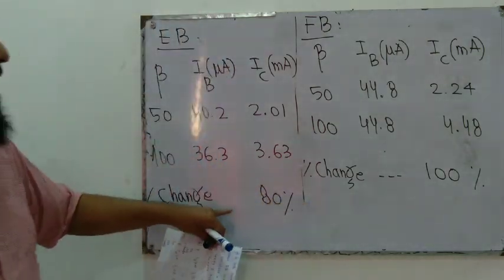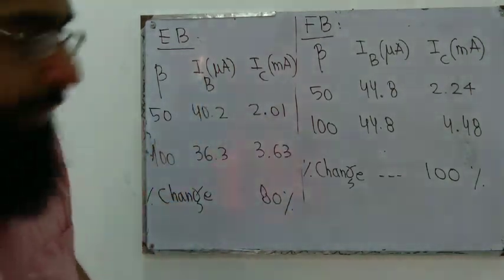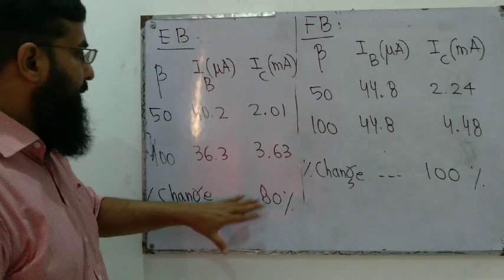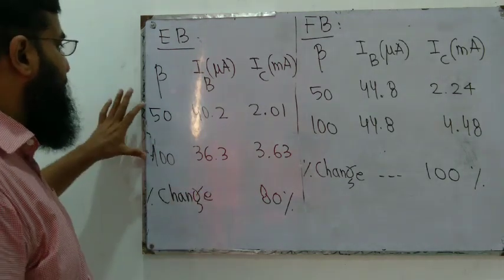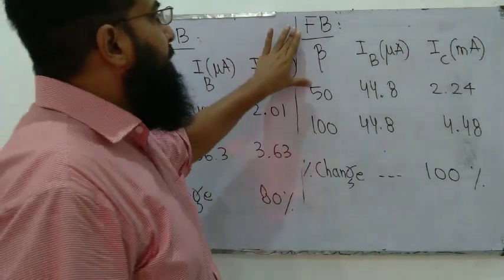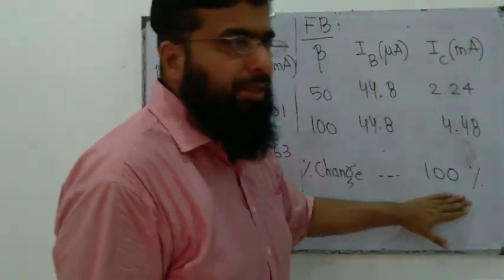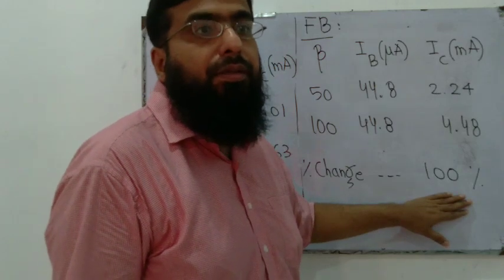We conclude that IC, the collector current for the emitter bias circuit, has changed by 80% if we double the value of beta, and for the same change in beta, for the fixed bias circuit, IC changes by 100%.